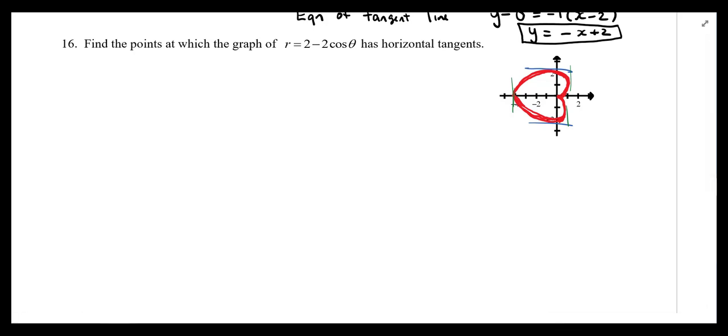So remember how we figure out slope using polar? dy dx is equal to dy d theta all over dx d theta. So really, if I want to find the horizontal tangents, I need the numerator to be equal to 0.